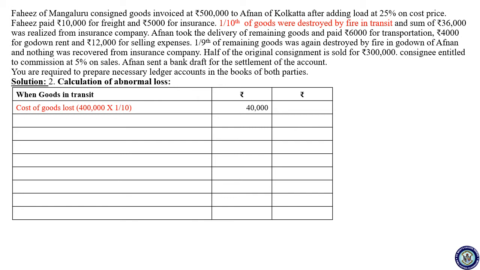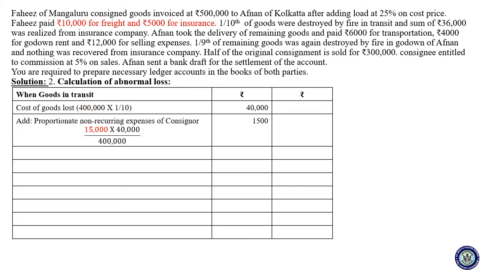Okay, what next? So we have to add proportionate non-recurring expense of consignor. So entire expenses incurred by consignor is non-recurring.